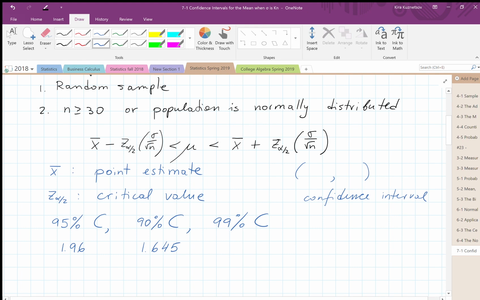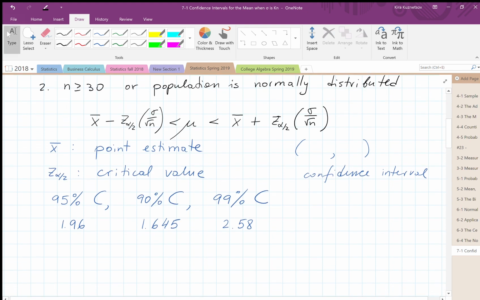And for 99% confidence, the book uses 2.58, but I think that one's a little bit off as well. So these are called the confidence level.